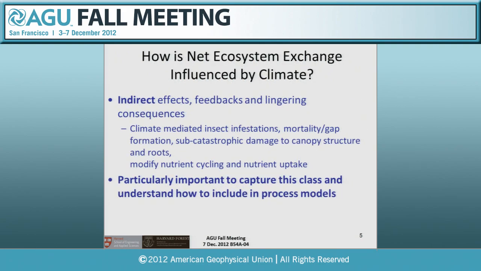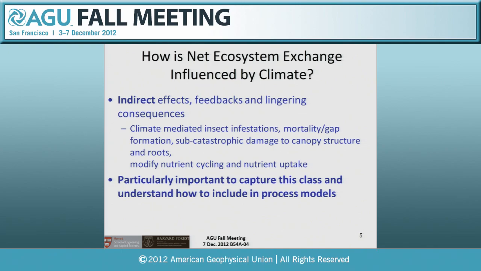So what I'm really interested in is the end effects of feedbacks and lingering consequences. How do ecosystem function and change respond in a way that may have a more lasting impact? Some of the things to consider are, if you have a climate change, you'll change insect infestations, and we're probably seeing some of that.